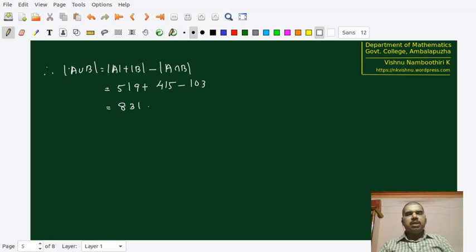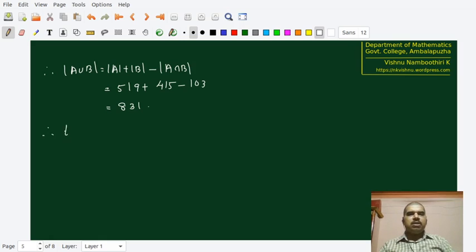A union B is the set of all numbers that are divisible either by 4 or by 5. So if we want to remove all the elements that are multiples of 5 or 4, then we need to remove A union B elements from the set of all numbers in the range 1 to 2076.